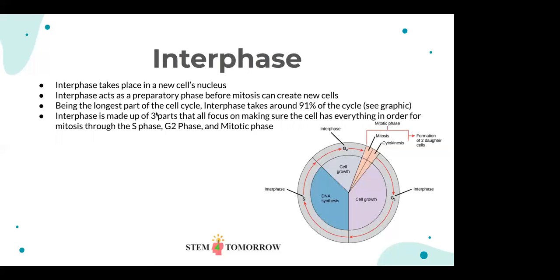Interphase is made up of three parts that all focus on making sure the cell has everything in order for mitosis to properly go through: the G1 phase, S phase, and G2 phase. So as you can see here, interphase pretty much is most of the cell cycle, which is the gray part.